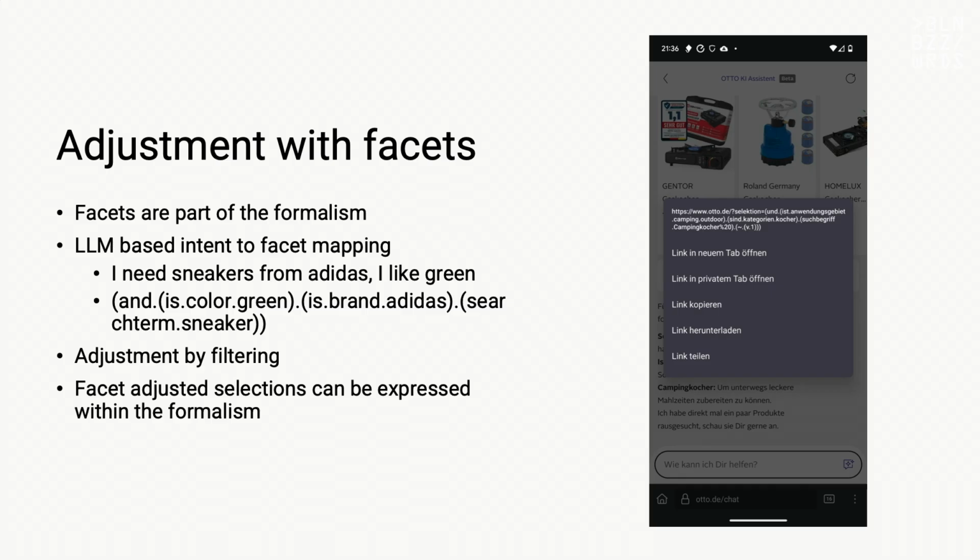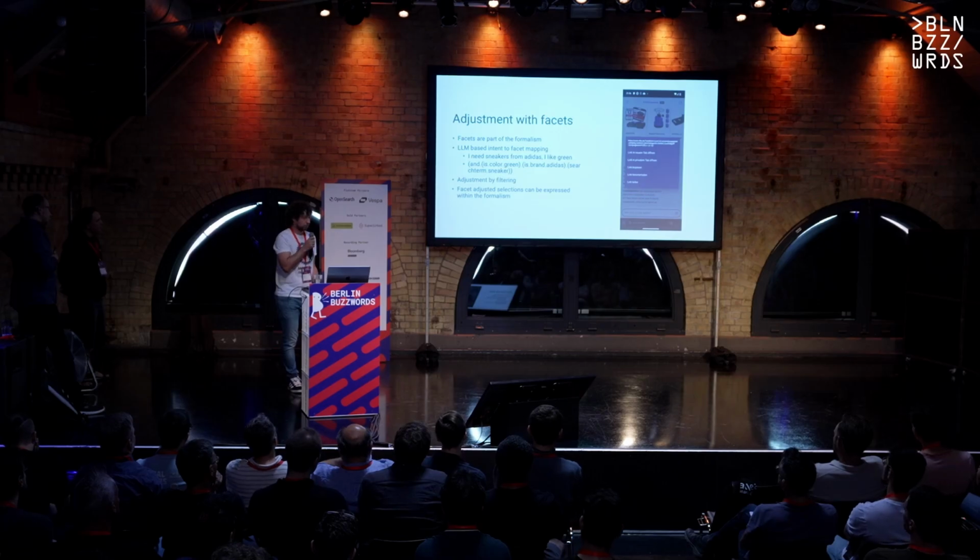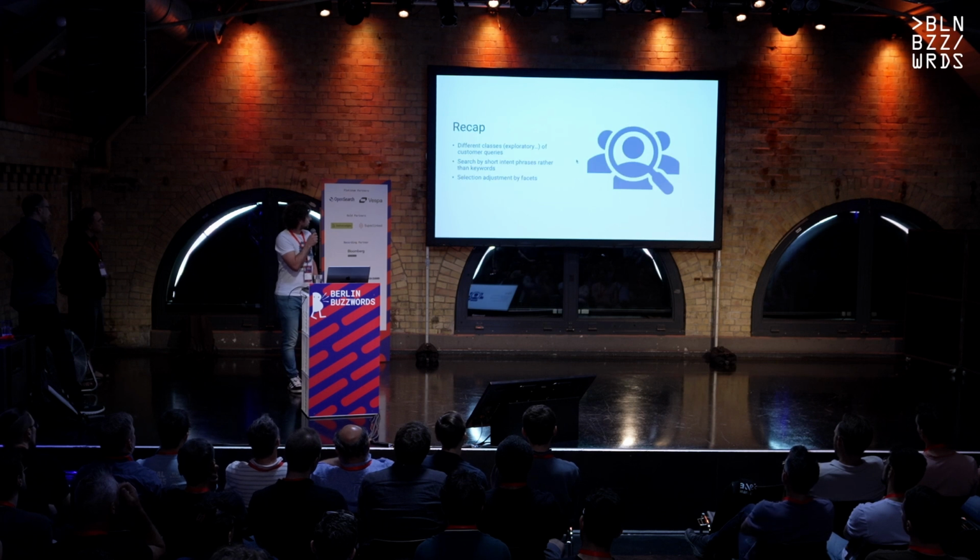So a natural language search could be mapped to filters. And if this could be done for a lot of natural language interactions with our search engine, that would be cool. So let's take the approach and try to use it.